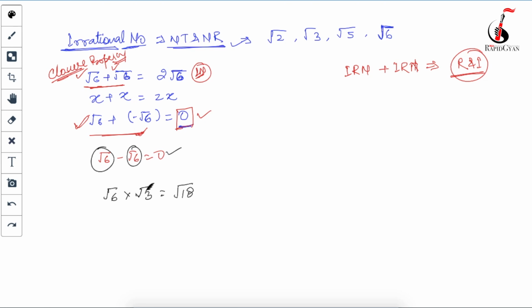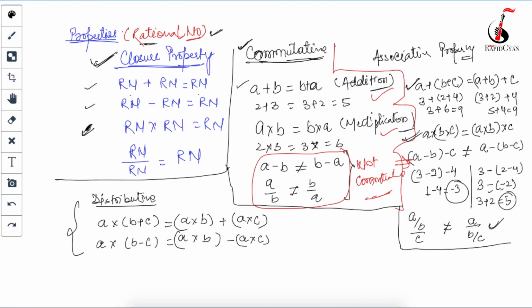So here irrational multiplied with irrational gives me an irrational number, but if I multiply under root 6 with under root 6, I will get 6. So in one condition I am getting an irrational number, in the other a rational number. It means multiplication also does not support the closure property.